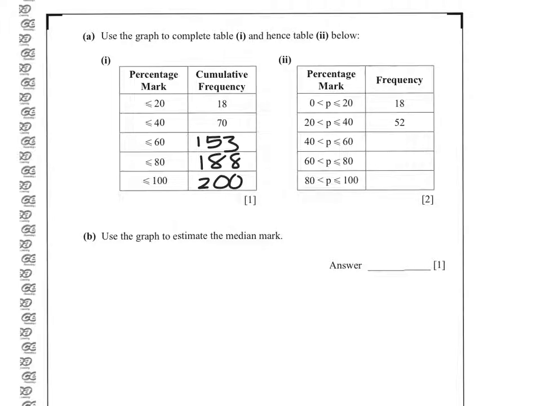The frequency is the difference, so from 70 to 153 is 83. From 153 to 188 is 35, and from 188 to 200 is 12. So previously when I was working with the graph, the median mark is estimated to be at 48.